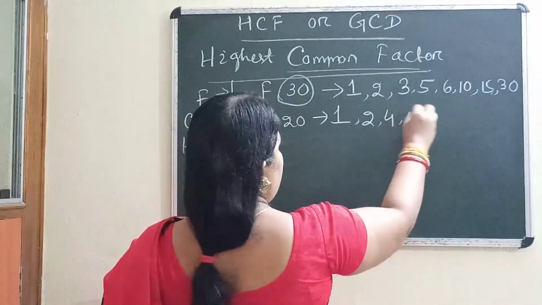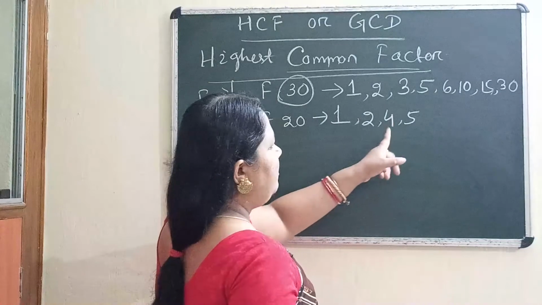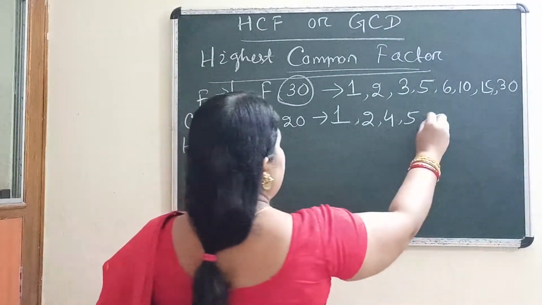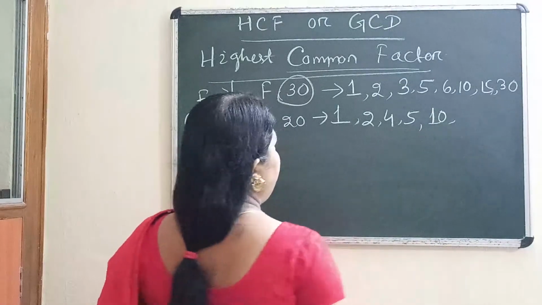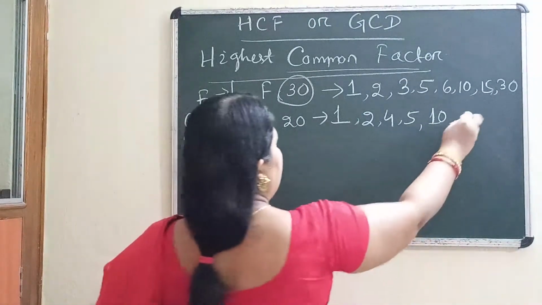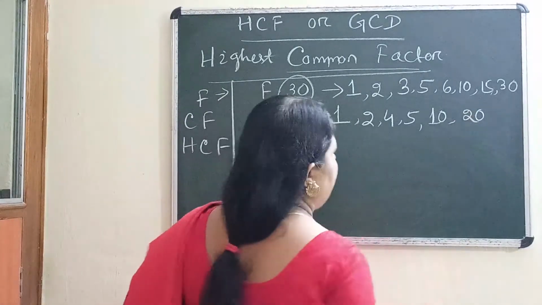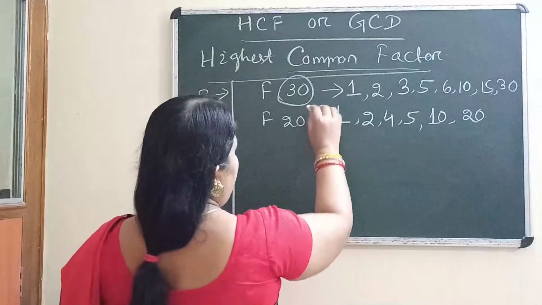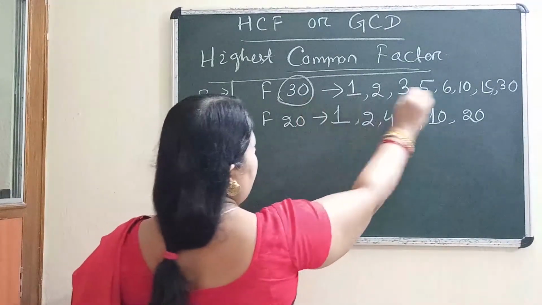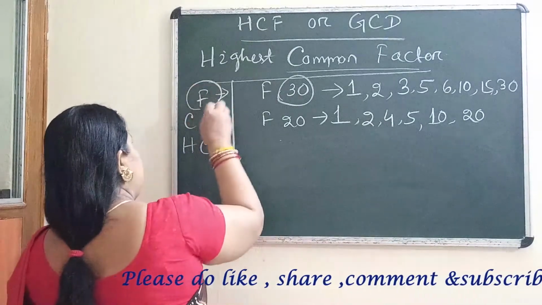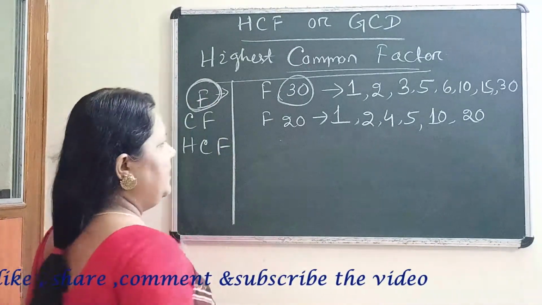So 5 is a factor also. 4 5s are 20, 5 4s are 20. Yes. Next turn, it's your 10. 2 10s are 20, 10 2s are 20. Then the last, 20 is a factor of itself. Okay. So here we have written factors of two numbers. One is factors of 30, and factors of 20. Okay. So that means the first step we have discussed.